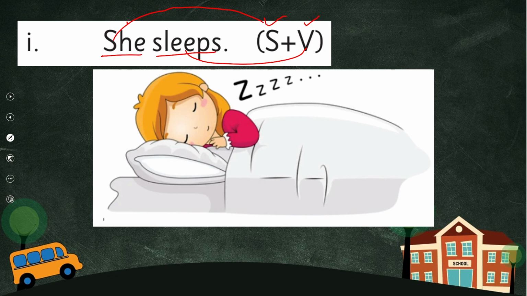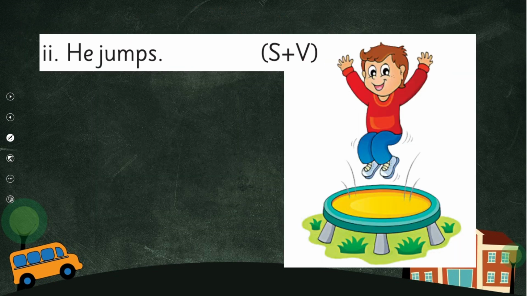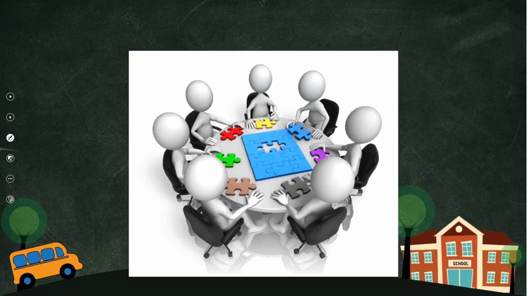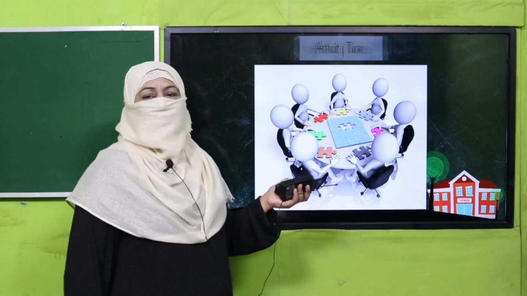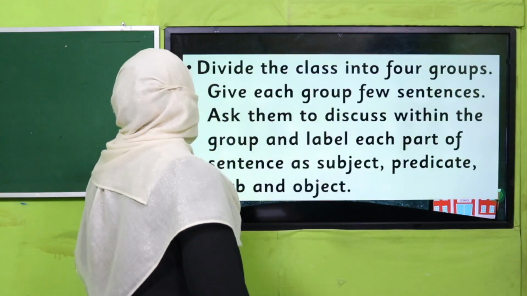So it's a sentence of subject verb pattern. He jumps. Subject plus verb. So this is how we identify different parts of a sentence, and by joining these parts we can make sentences. Are you clear? Okay, let's do it through an activity.